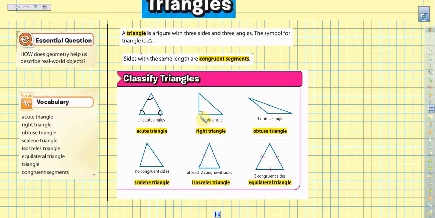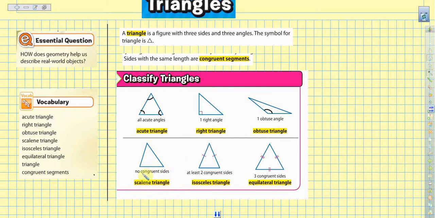Right triangle, one of the angles is a right angle. An obtuse triangle, one of the angles is obtuse. So when you're dealing with names that have to do with angles, acute, right, and obtuse, now we're taking those angles, putting them in triangles, and we're calling them an obtuse triangle, right triangle, acute triangle.